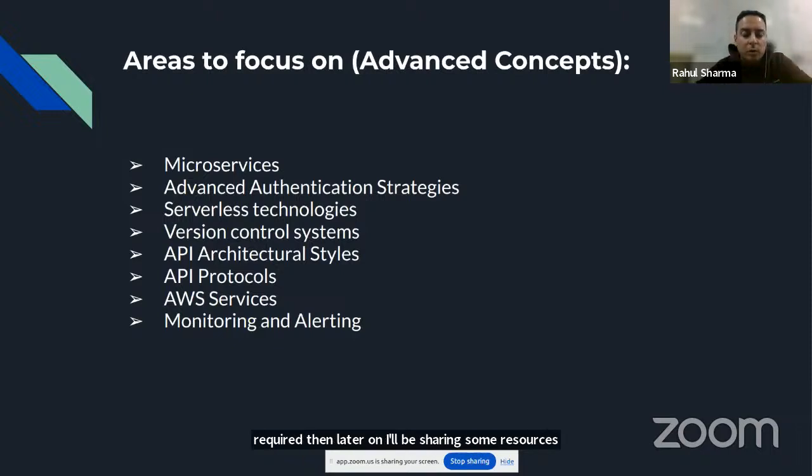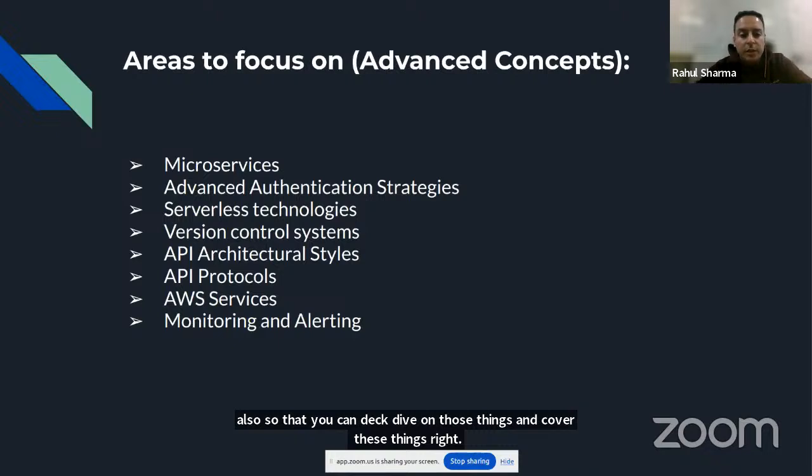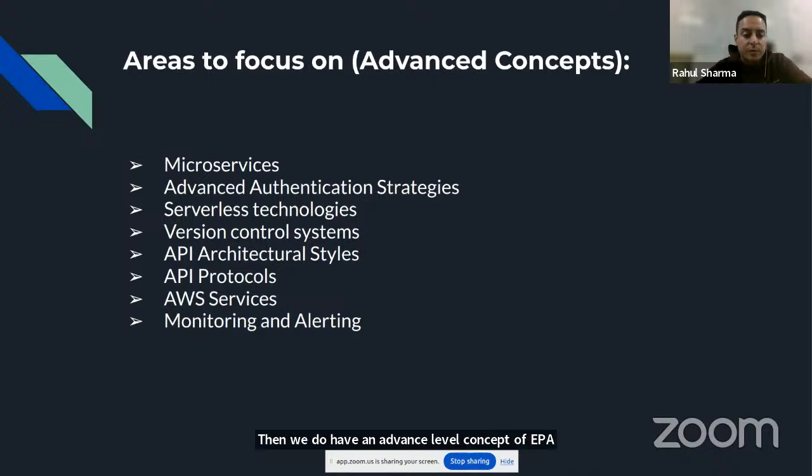Then we do have an advanced-level concept of API protocols. We also have AWS services, on the basis of which our development, deployment, and other things become faster. Previously, when cloud providers were rare in the market, we needed to set up our own infra on our own premises, right?